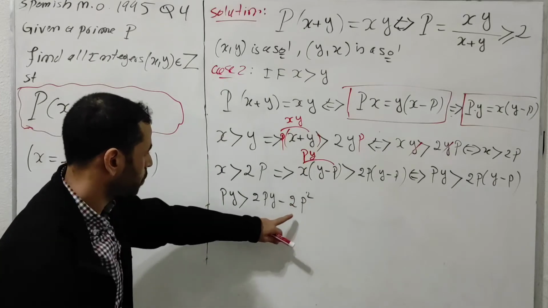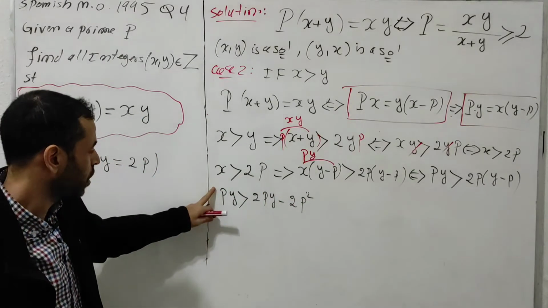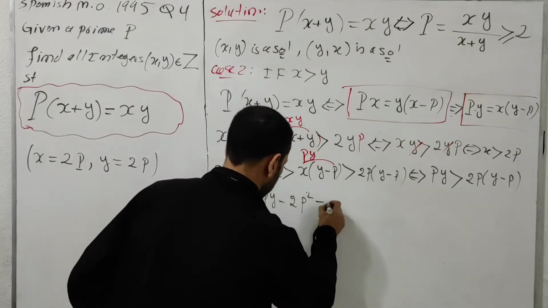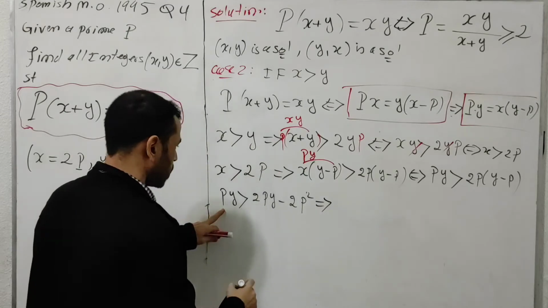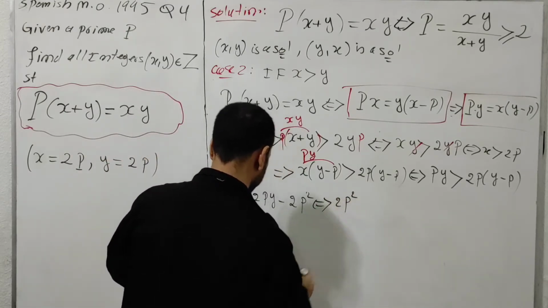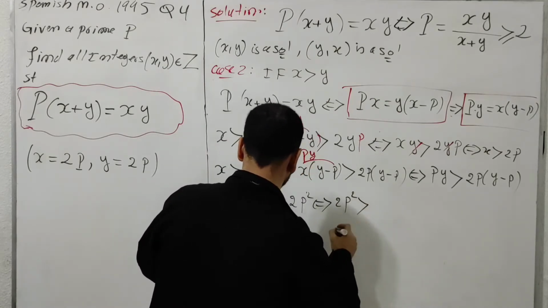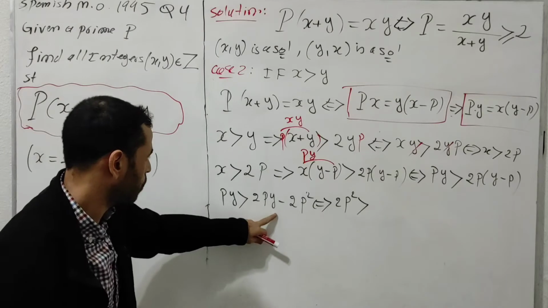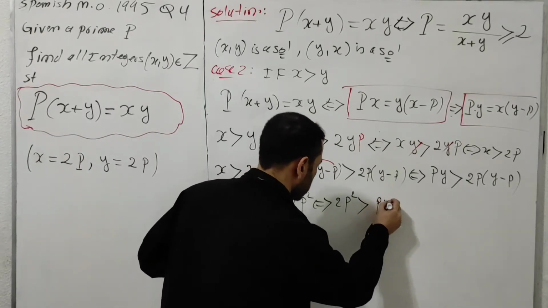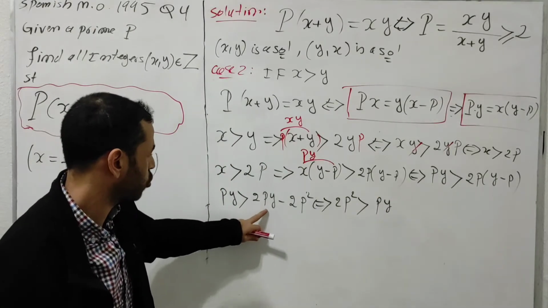I'm taking this 2p square to the left hand side of this inequality and bringing py to the right hand side of this inequality. This one is giving us 2p square strictly superior than 2py minus py, which gives py, as I'm taking this one to the right hand side of this inequality and subtracting this one from this one.